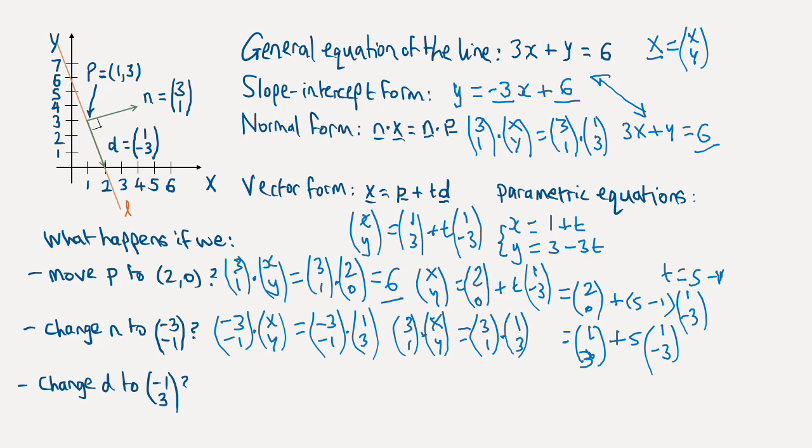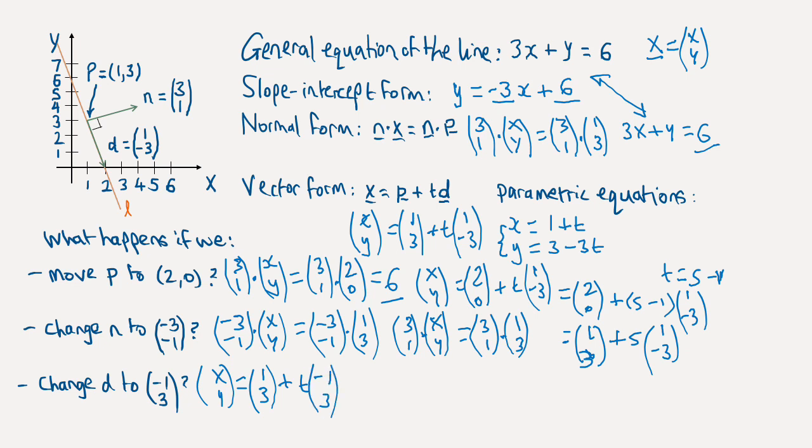And finally, let's change the direction vector to (-1, 3). So let's look at the vector form of the equation this time. And what do we have? So we've got (x, y) equals P. So we're back to (1, 3) for P, plus a scalar t times the direction vector (-1, 3).